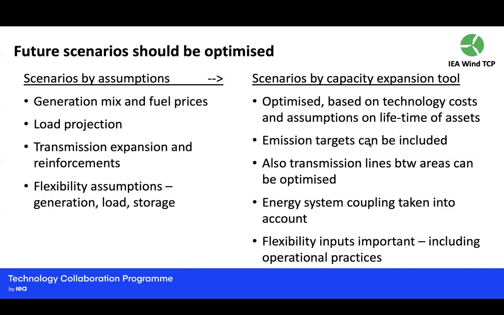I have a zoomed-in flow chart, but sorry, I didn't bring it here. You have all kinds of input data going in: the generation mix, fuel prices, load projection, transmission, and also assumptions about how the generation will work, like flexibility assumptions, which is the most critical one.